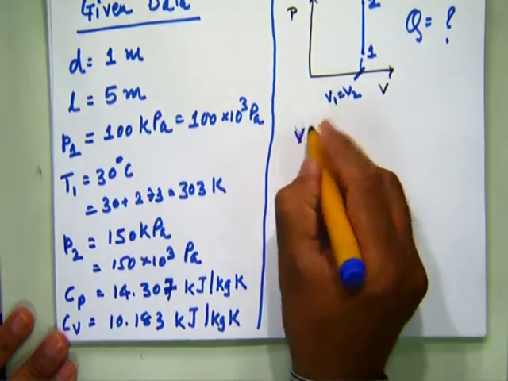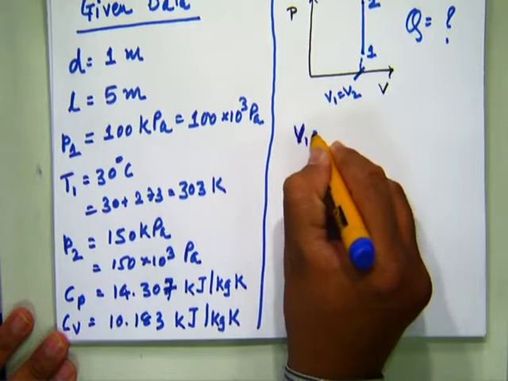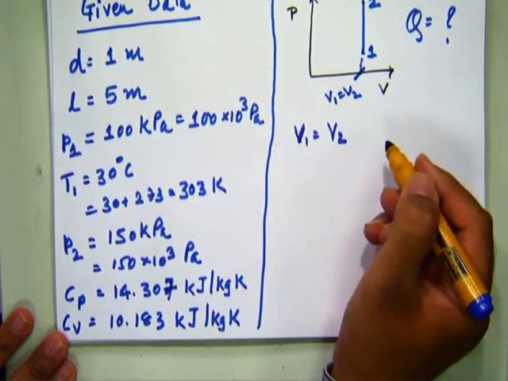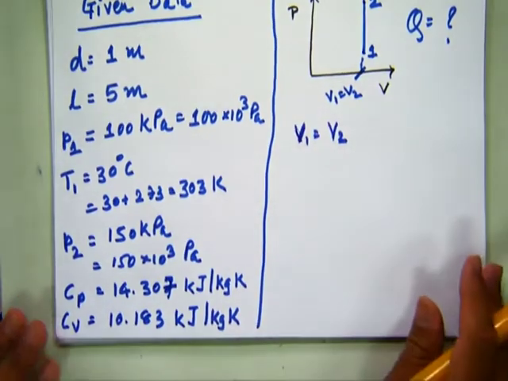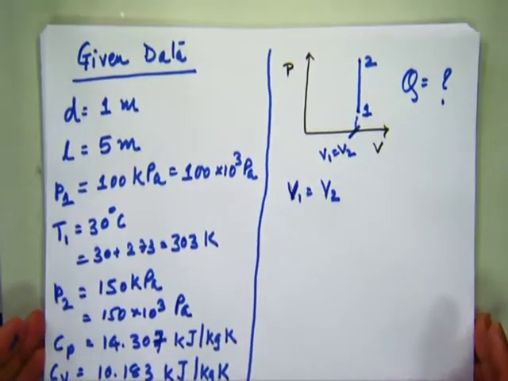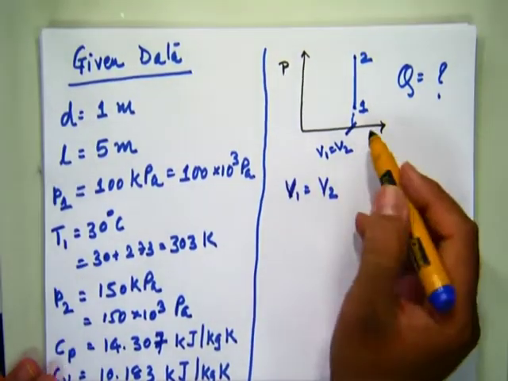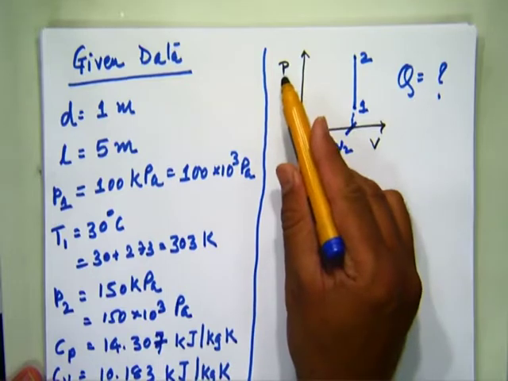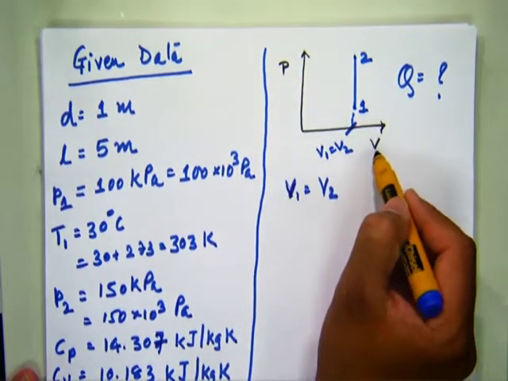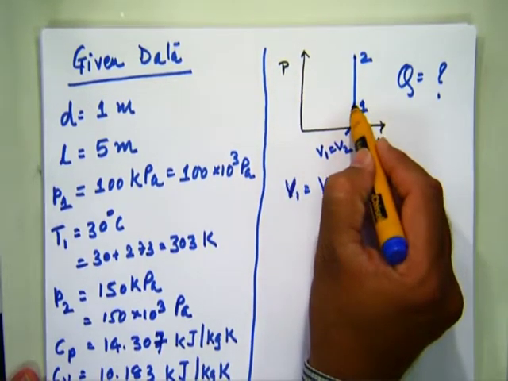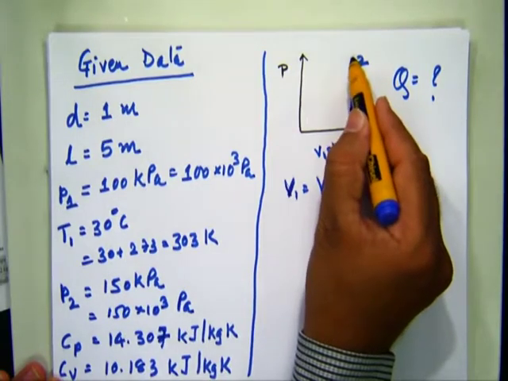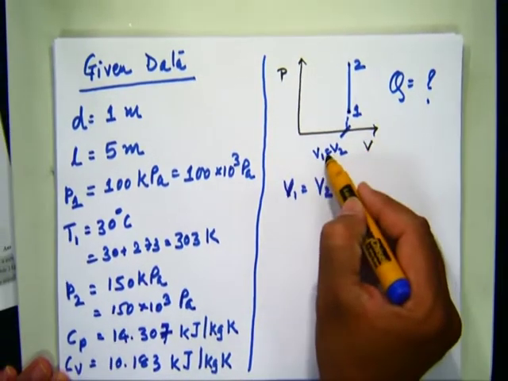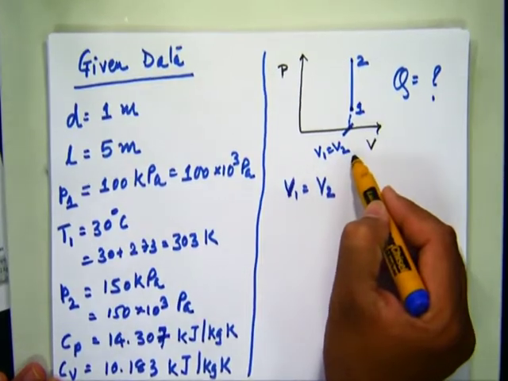Friends, V1 is equal to V2. On the PV plot, the process starts from point 1 to point 2. Volume remains constant, V1 equal to V2.